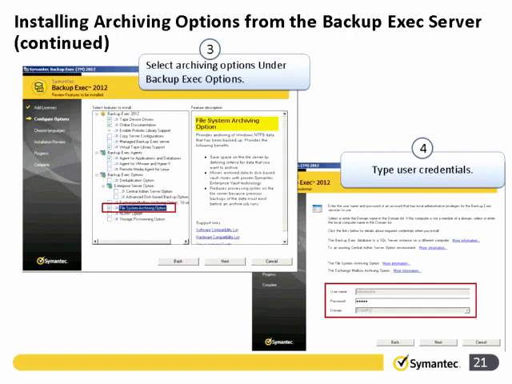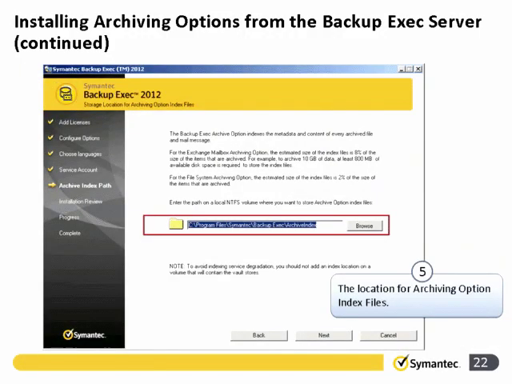You'll have to provide credentials that have rights to access Exchange or the file system. It's going to ask you for the path to where the databases will be located. So this must be a local NTFS volume, and it will be installing SQL Express for these databases.